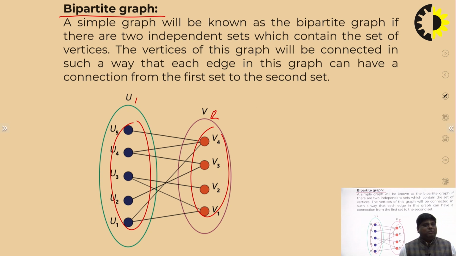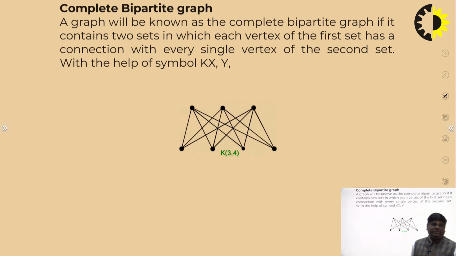If there is such a partition in a graph, then that graph is known as the bipartite graph. Now here, how many total edges? V1, V2, V3, V4 and a total of 9 edges are partitioned into two sets in such a way that the start point is from set 1 and the end point is from set 2. Then such a type of graph is known as the bipartite graph.